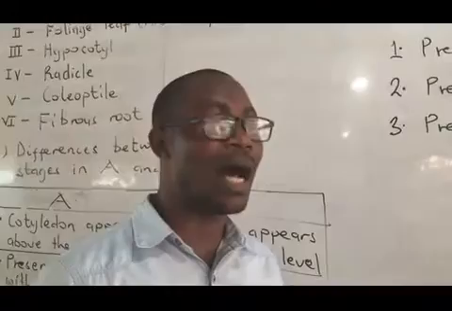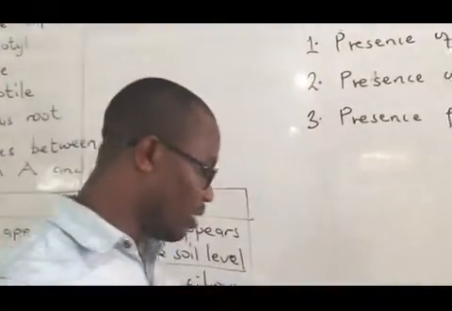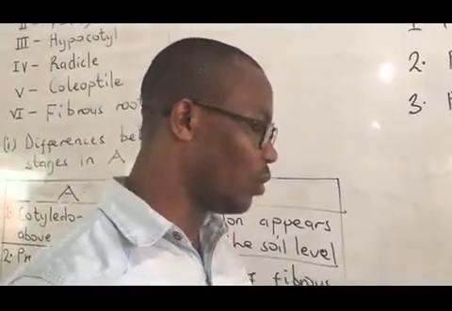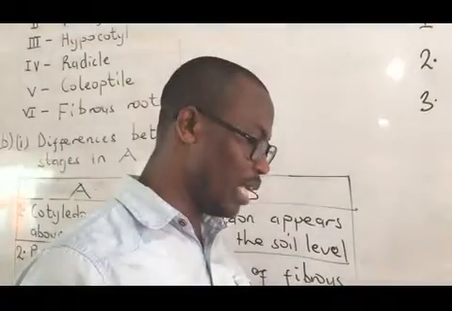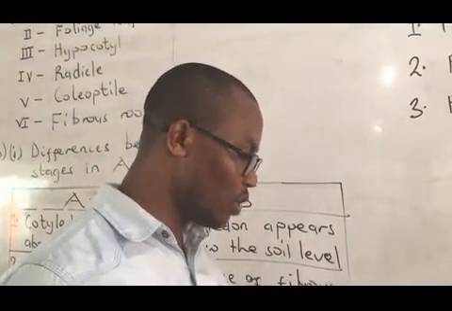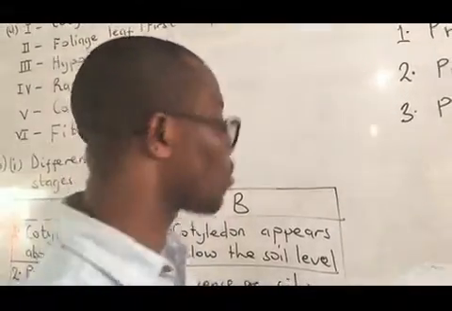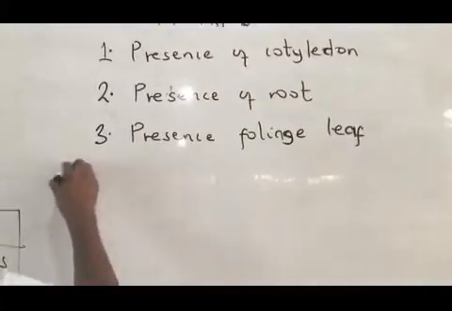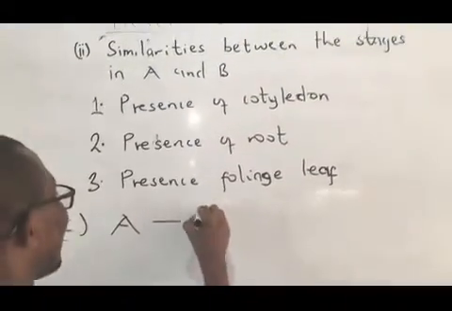And the one in which the cotyledon remains below the soil level or below the ground, we refer to as the hypogeal germination. So if you compare the observations in A and B, it is in A that the cotyledon is above the soil level. So the germination in A is therefore epigeal germination. For B, the cotyledon remains below the soil level. So it is the hypogeal germination. So for question C, for A, the type of germination is epigeal.